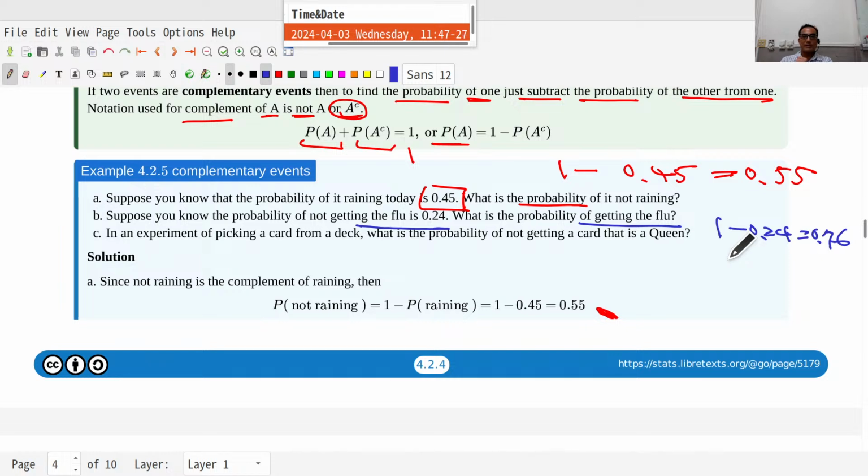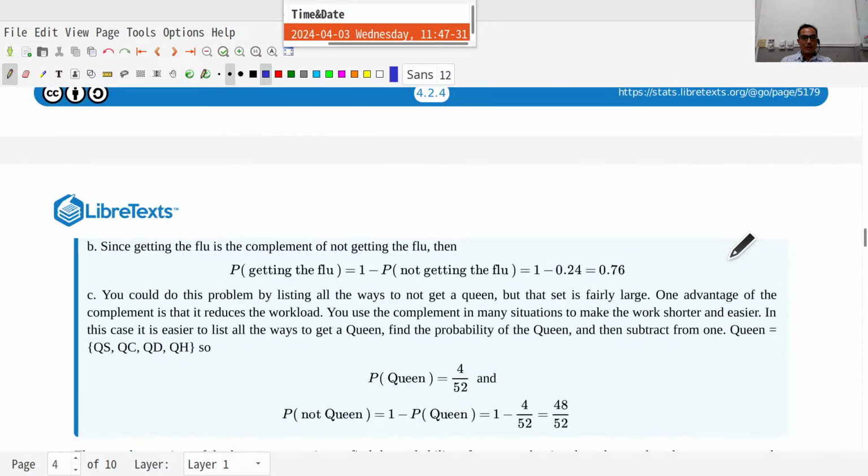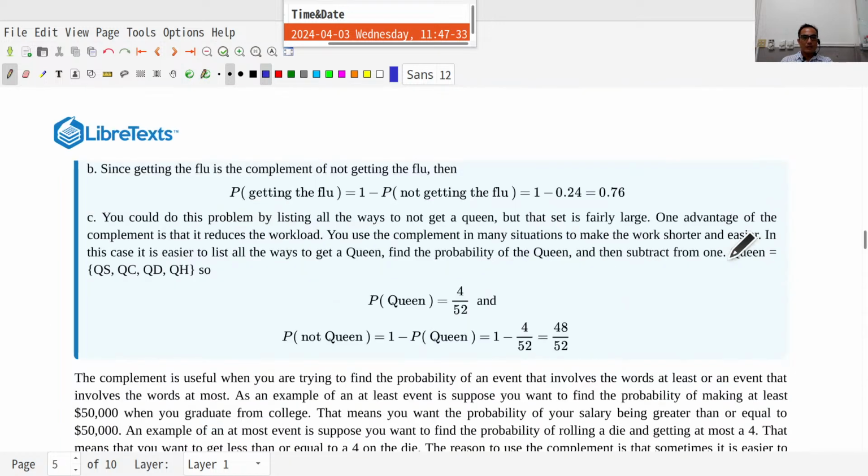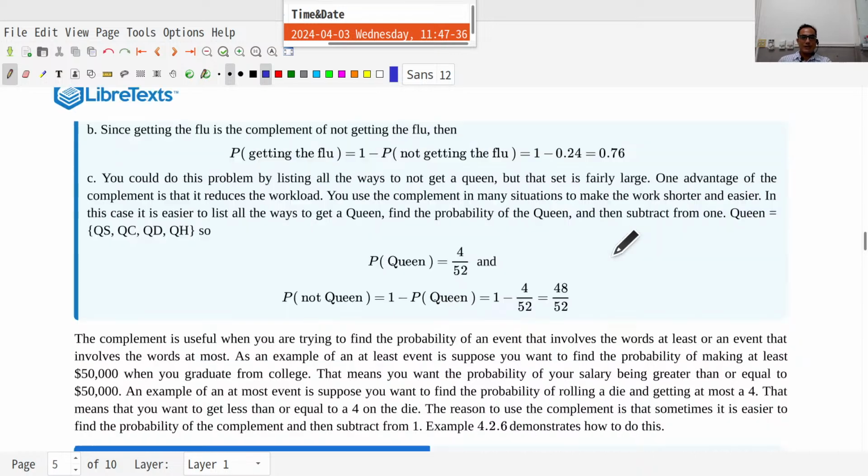Okay, get it? Let's move to the next. Here's the answer.